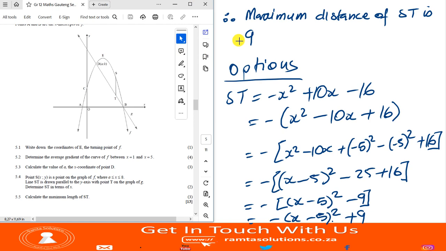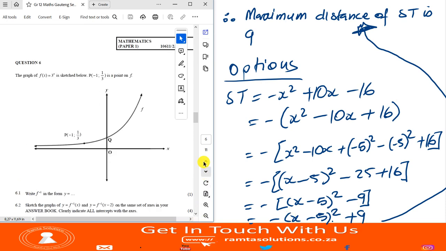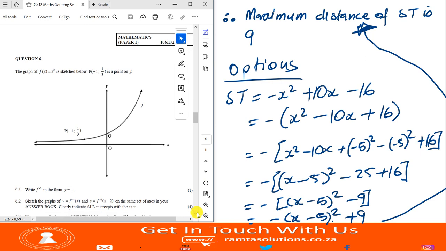Therefore, your maximum distance of ST is 9. Remember I said the q value is your maximum if your a is negative. So indeed, it is. Perfect.